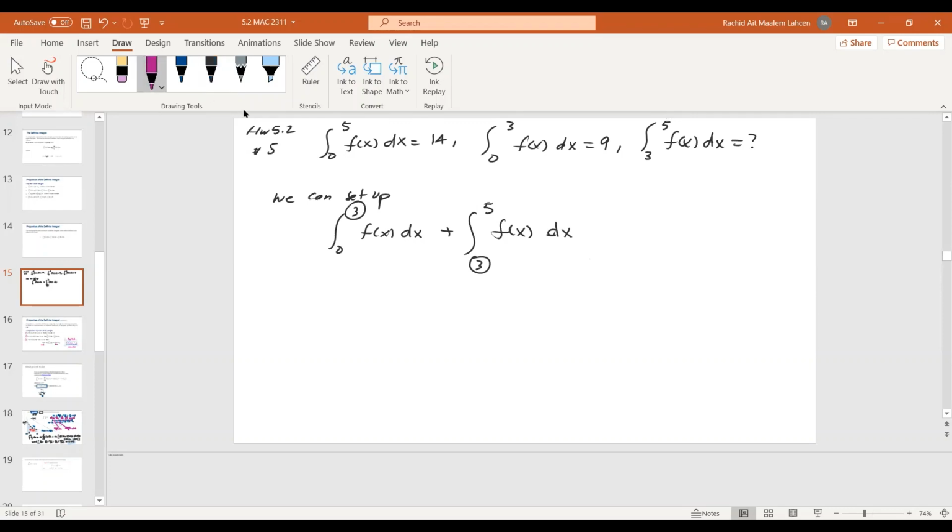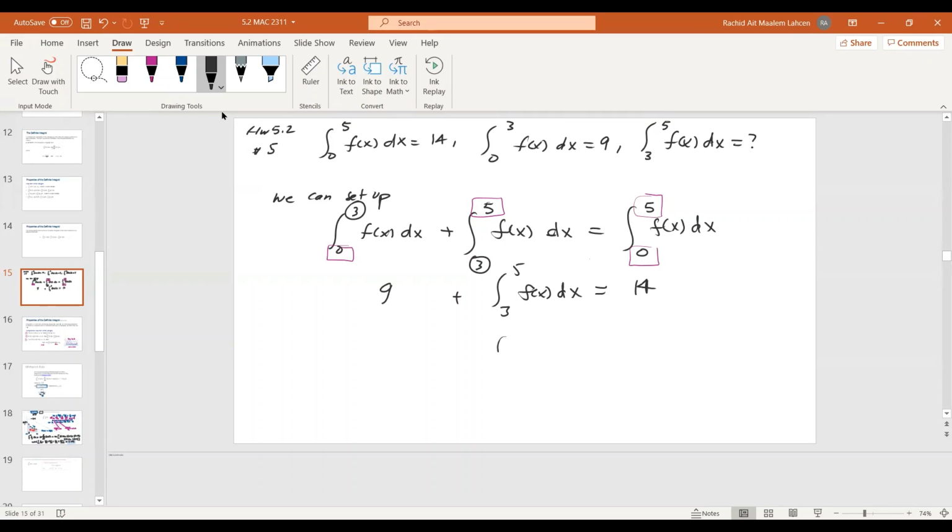And that's going to lead to an integral that's going to start from this lower to this upper, and 0 to 5 of f of x dx, right? So that's how the property works. And we know this is 9, and this is known, and this is 14, and that gives us this integral to be a 5.